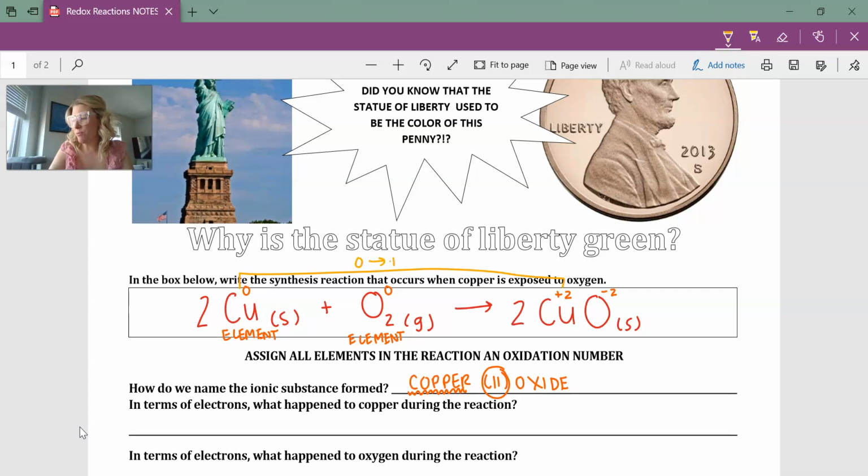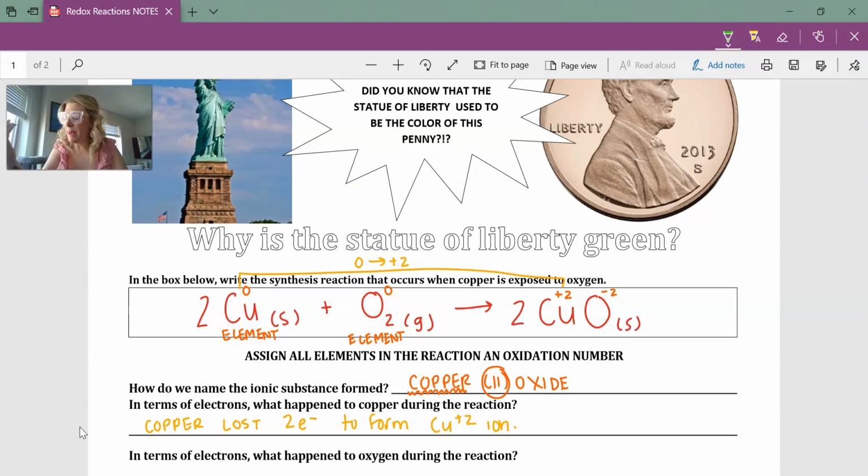Is that losing or gaining electrons? Well, copper is going to lose 2 electrons to form the Cu2+ ion. Remember that positive charge indicates that we've lost electrons and we now have more protons than electrons in our ion.